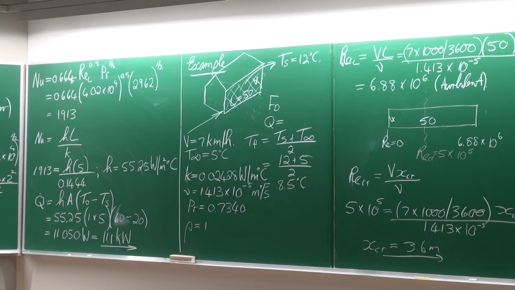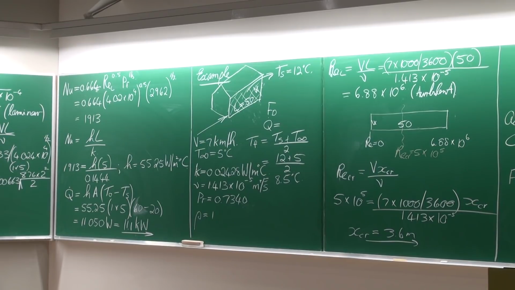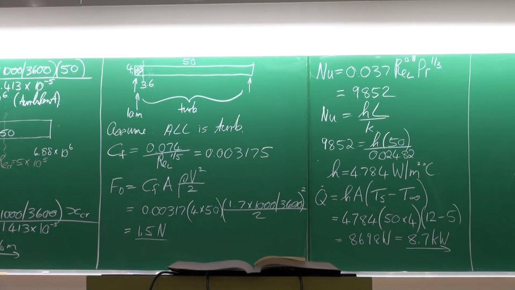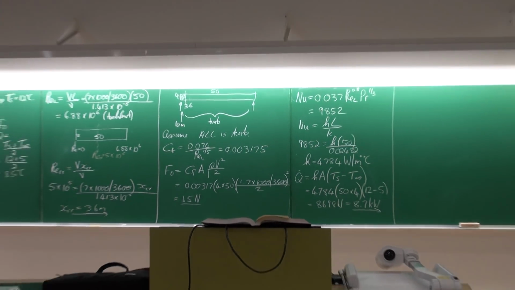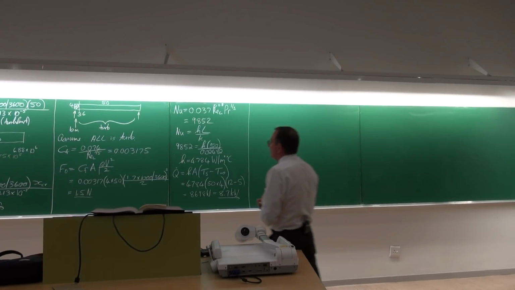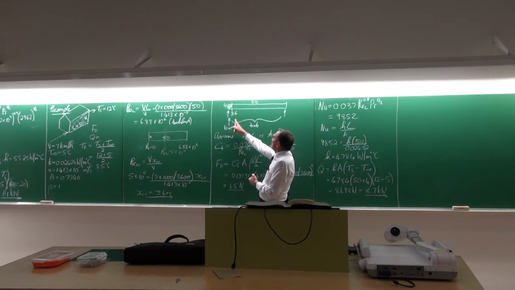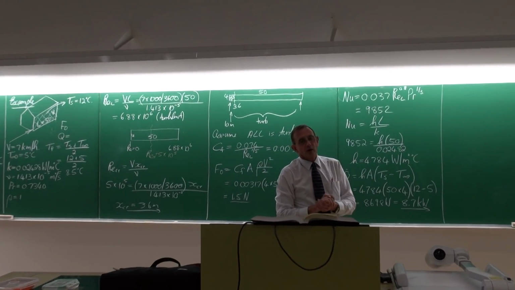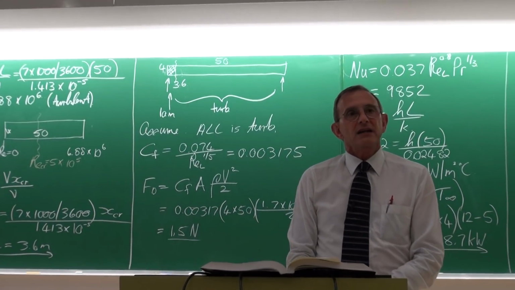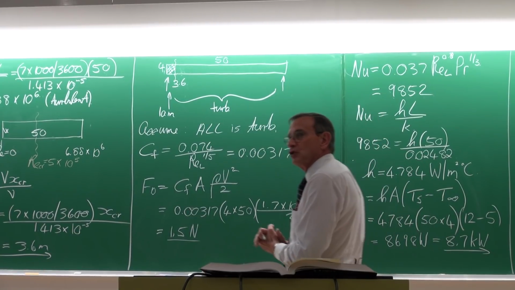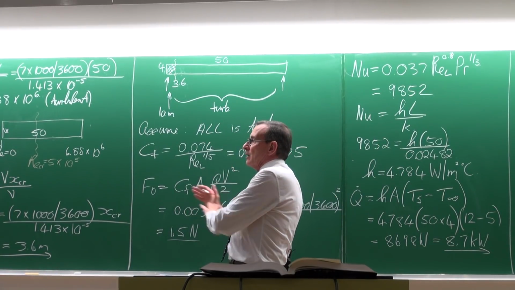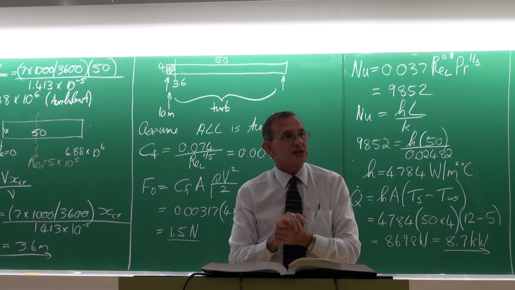Any questions, ladies and gentlemen? Yep. Is there a rule of thumb for how much of the section can be laminar? No. I would say no. You will later on see that in heat transfer, lots of the correlations are empirical.